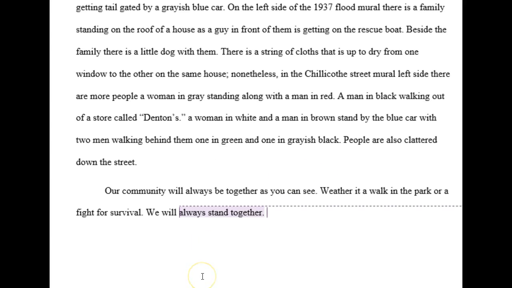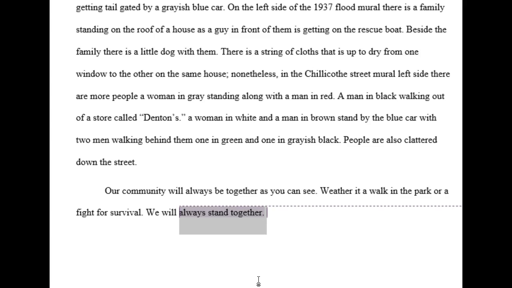When I got to the end of the essay, I was thinking that maybe this togetherness idea is something to think about. It's a little different with the Chillicothe Street mural. Like, we stand together, especially when things are tough, but when times are good, we kind of do our own thing. And so maybe what you could argue is that when things are rough, this town does find a sense of community.